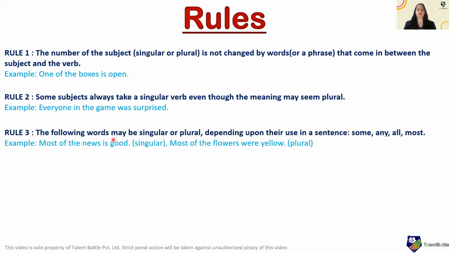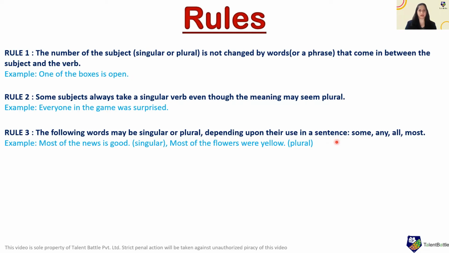Third rule, the following words may be singular or plural depending upon their use in the sentence: some, any, all, most. Most of the news is good. Now, news is a tricky word. Even if there are 10 news, still it's news. And if there's one news, still it's news. In this sentence, we are talking about one news.